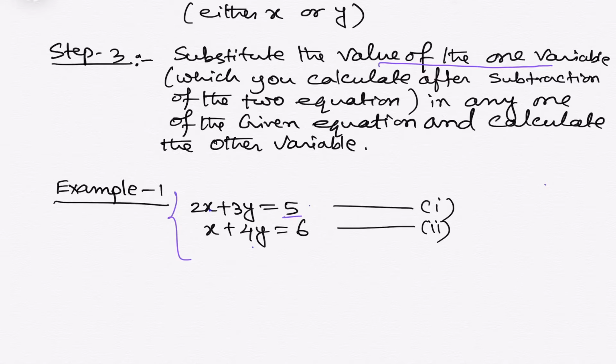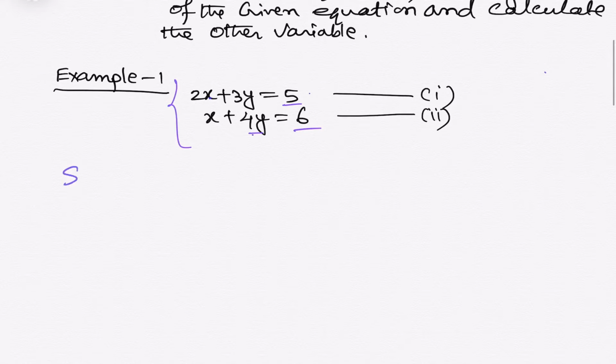In equation 2 the coefficient of x is 1 and of y is 4, and the constant is 6. Now apply step 1: eliminate one variable from both equations. How? You have to multiply both equations by a suitable number.